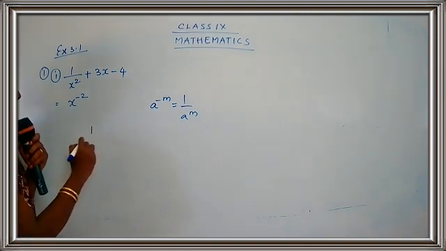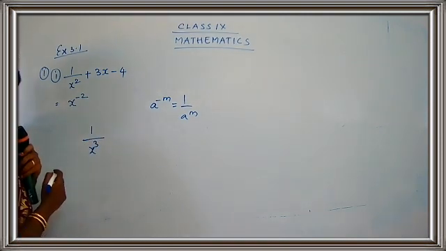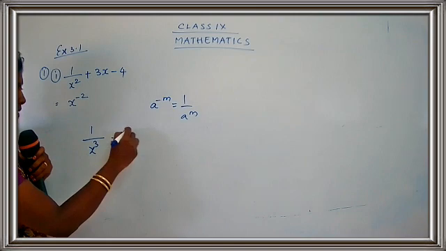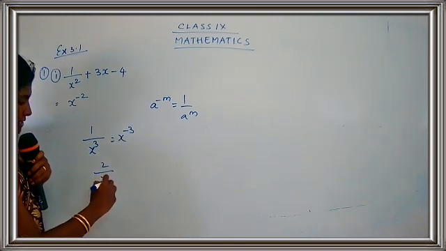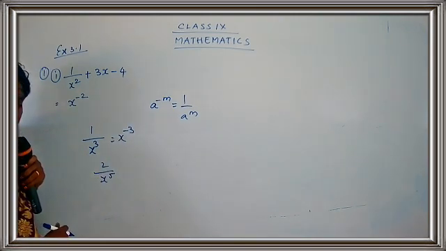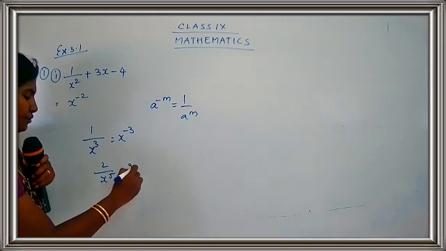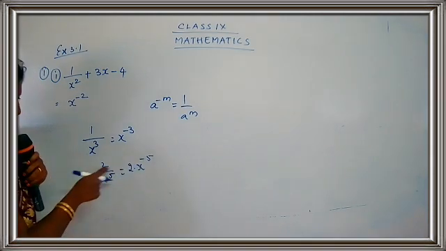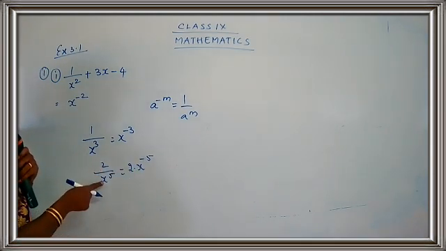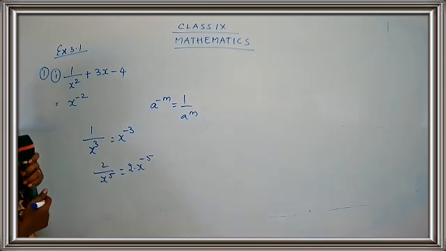If you have 1 upon x raised to 3, what is the meaning of this? x raised to minus 3. 2 upon x raised to 5 is 2 into x raised to minus 5, because 2 is present in the numerator. So 1 upon x cube changes to x raised to minus 3, and 1 upon x raised to 5 changes to x raised to minus 5.